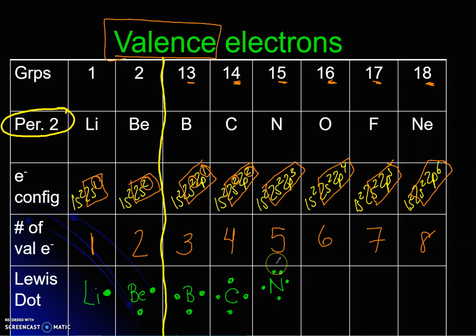So this side up here is actually going to make something called a lone pair. All right, this lone pair is a non-bonding pair. So nothing can bond there. You can also draw a lone pair as a set of connected lines. Basically, it's connected dots. Okay, so what about our oxygen?